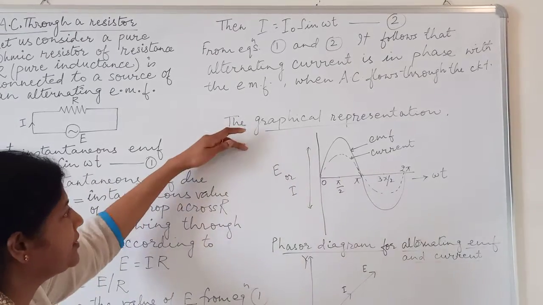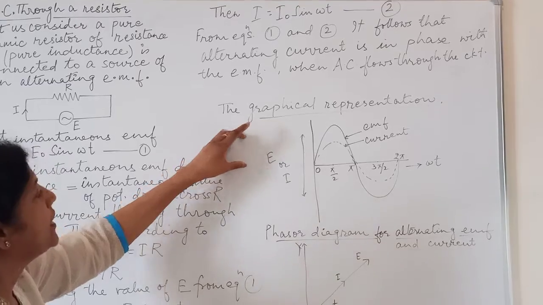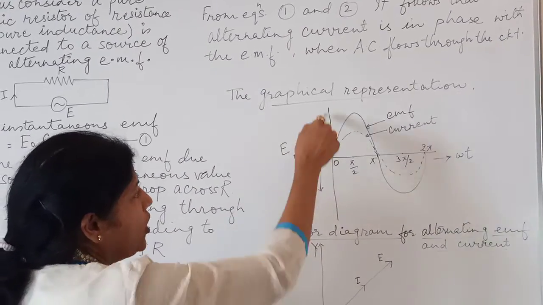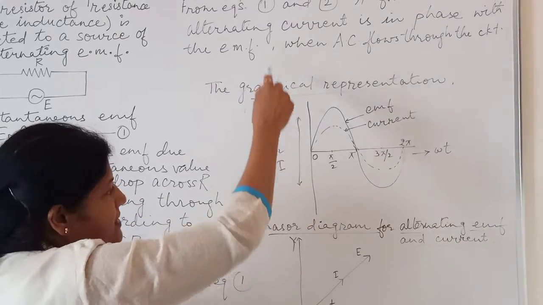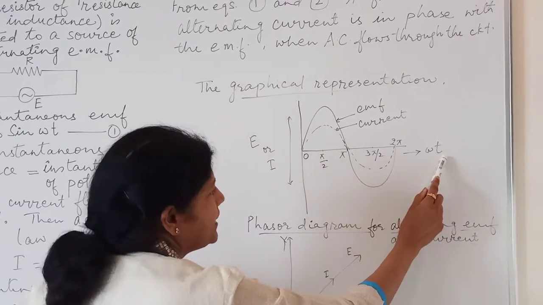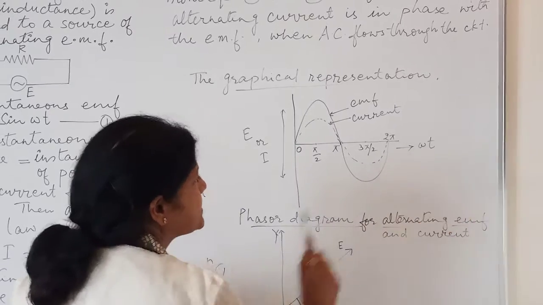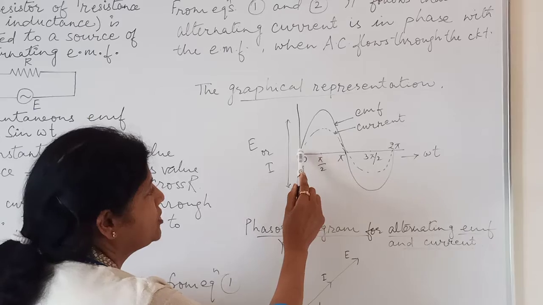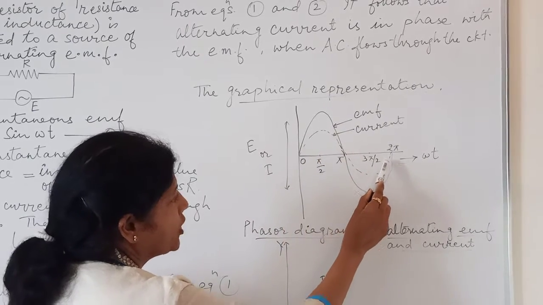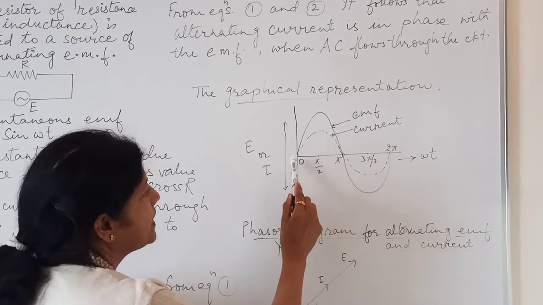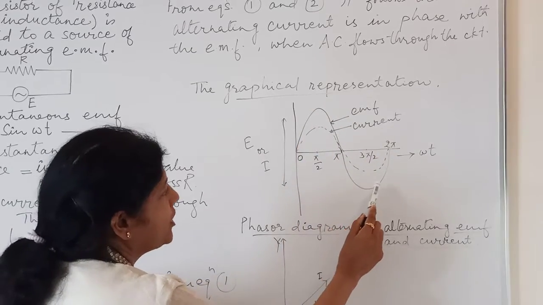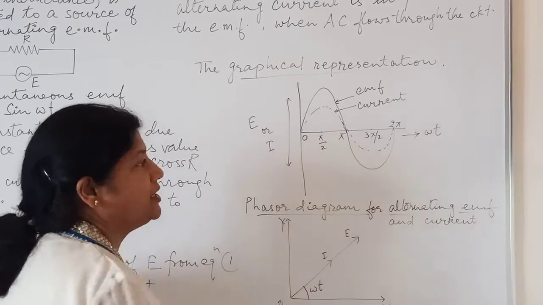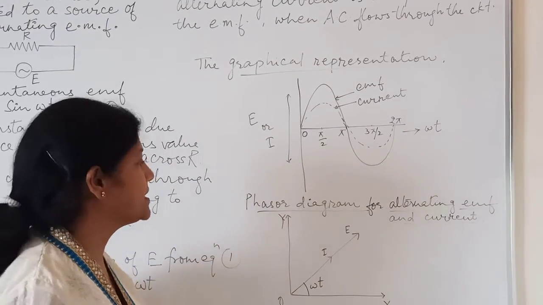In the graphical representation, if we take EMF E or I on the y axis and omega t on the x axis, I have drawn a dotted line for current and a solid line for EMF. This EMF and current both are in phase.